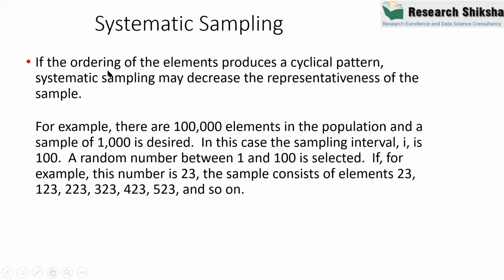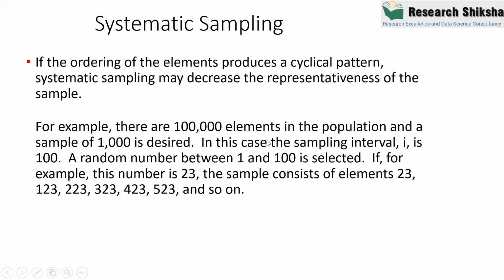For example, there are 1 lakh elements in the population, and a sample of 1000 is desired, right? So what we do, we divide 1 lakh by 1000. So in this case, the sampling interval is 100.